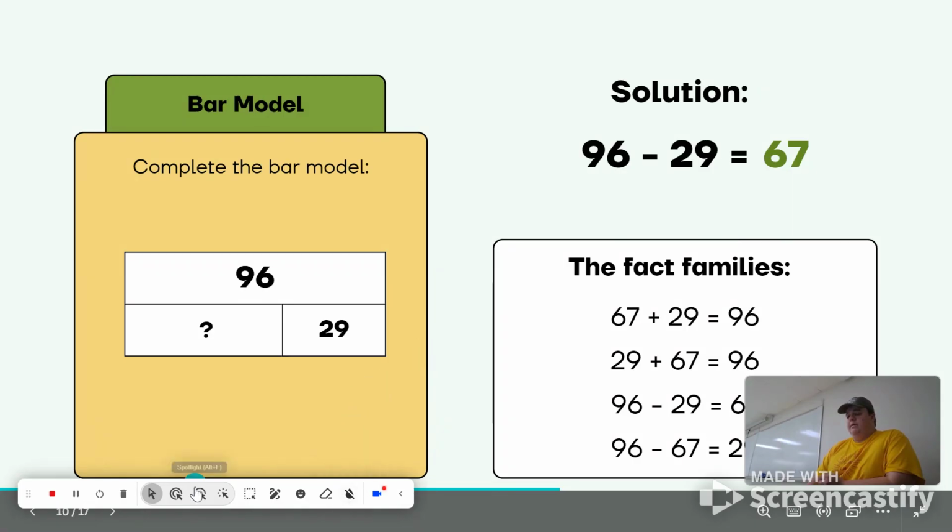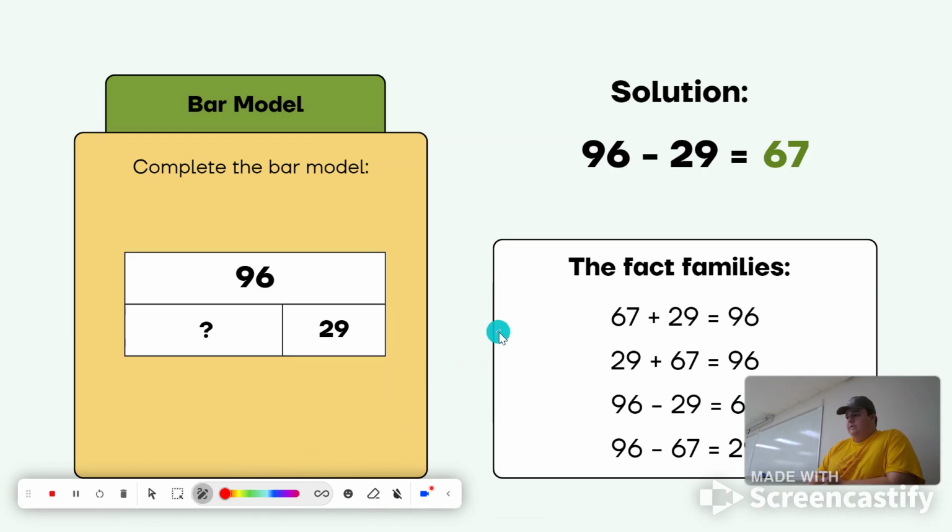This is a bar model. I learned this in elementary school. Once again, these are big numbers, not small numbers. So basically the best way I can describe it is your answer, or the biggest number in the equation, will always go in the biggest box. So 96 is the biggest number in this instance. Your smallest number will always go in the smallest box, so 29.